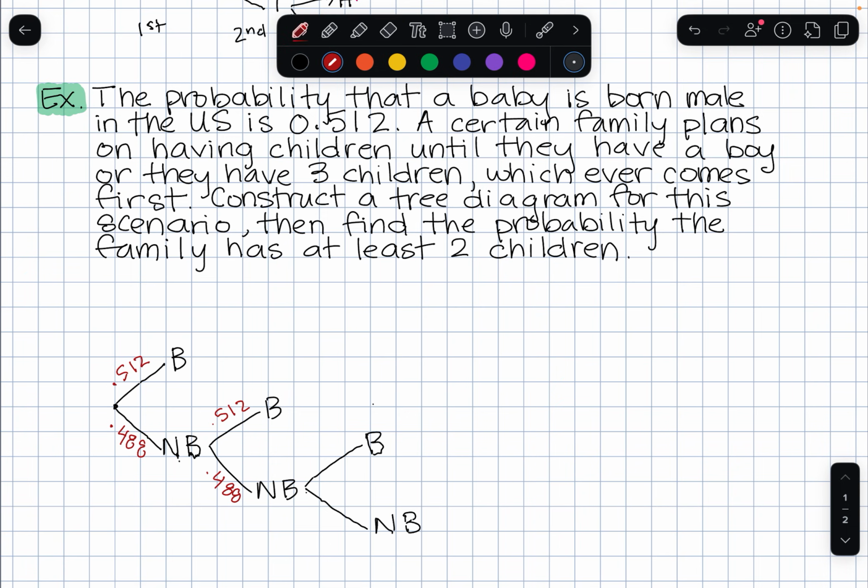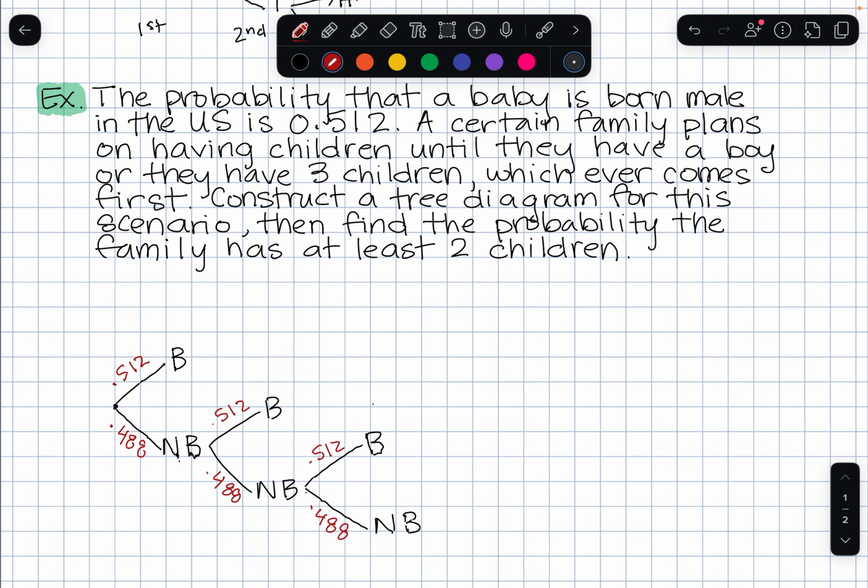And again, those probabilities are going to look the same, 0.512 and 0.488. And at this point, the family stops. They were going to stop if they had 3 children or a boy, whichever came first. And in this case, they've had 3 kids regardless.